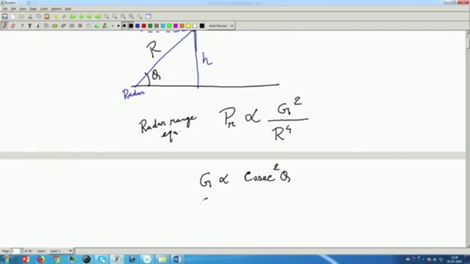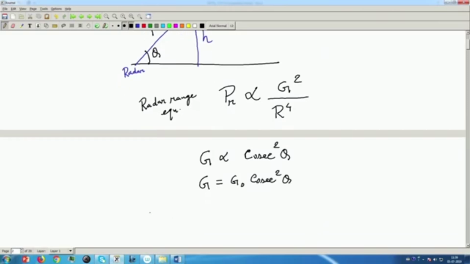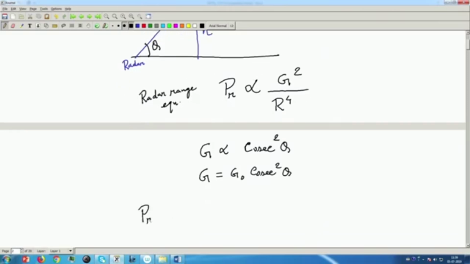Now, I can write that G is some constant G naught cosec square theta. So, in place of G I can put G naught squared cosec 4th theta, divided by r 4th.